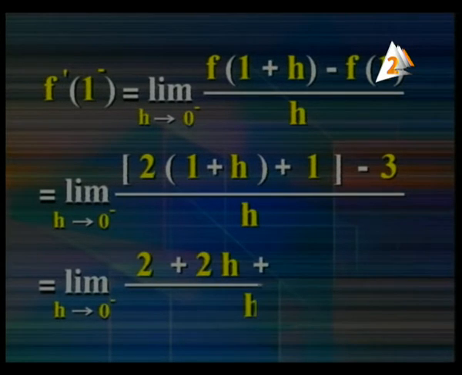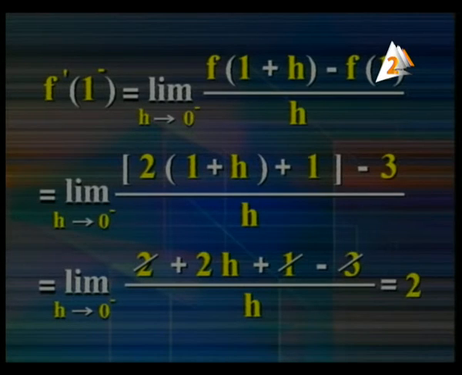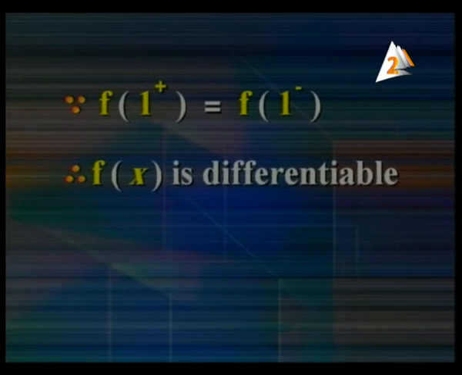We multiply 2 times 1, 2 plus 2h plus 1 minus 3 over h. We simplify 2 plus 1, 3 minus 3. It becomes 2h over h equals 2. Therefore, the function f of 1 equals f of 1 negative, f dash of 1 positive equals f dash of 1 negative. Therefore, f of x is differentiable at x equals 1.